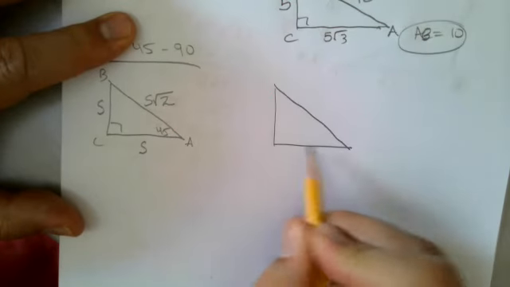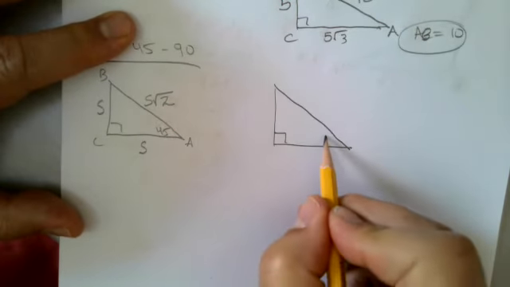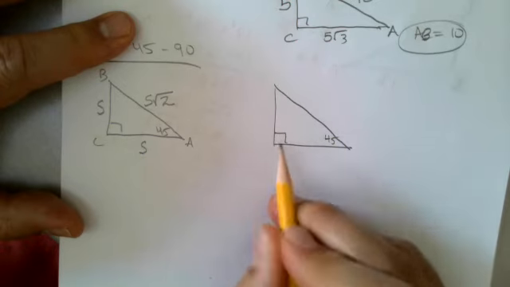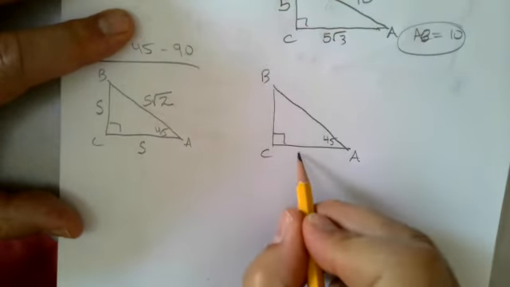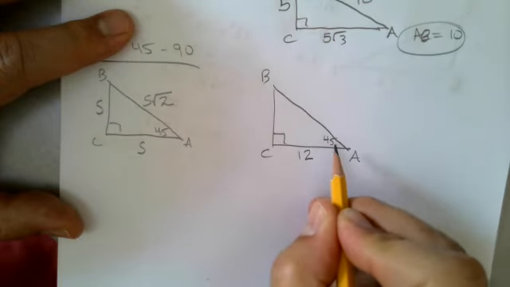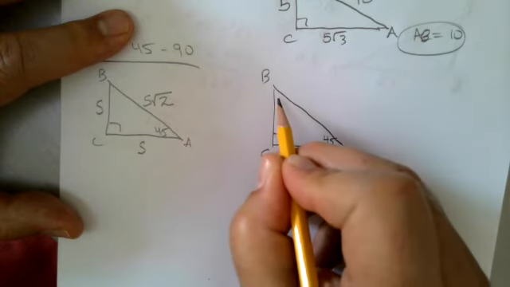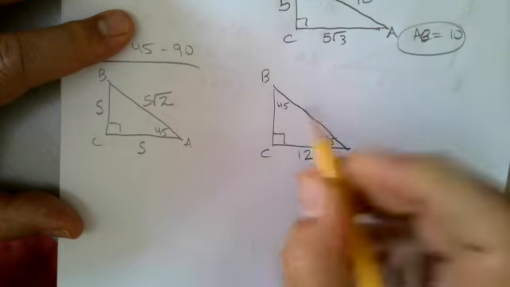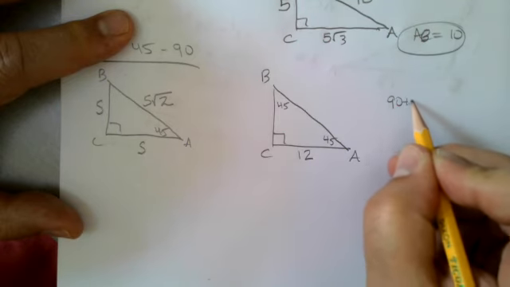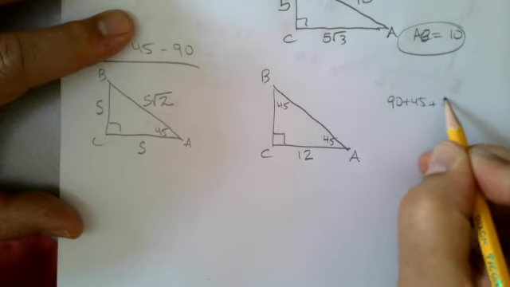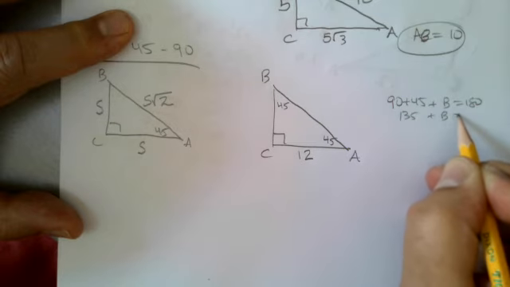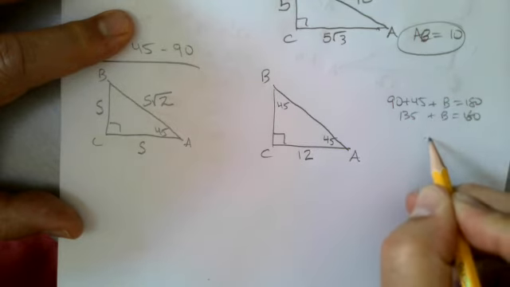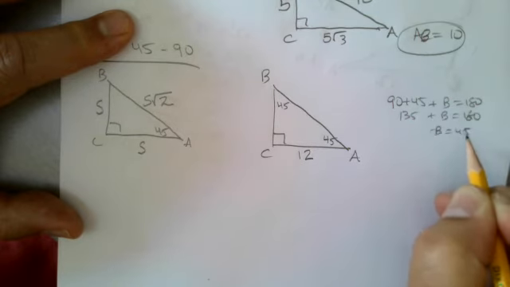So in the event that you're given a triangle and you're told that it's a 45, 45, 90 triangle, and you're given that this side is 12, because this is 45 and this is 45, even if it's not shown, it has to be, because 90 plus 45 plus that angle B has to equal 180. 135 plus B equals 180. So B has to equal 45.